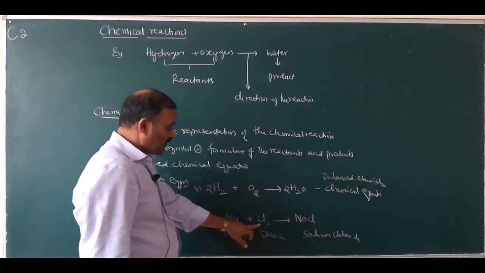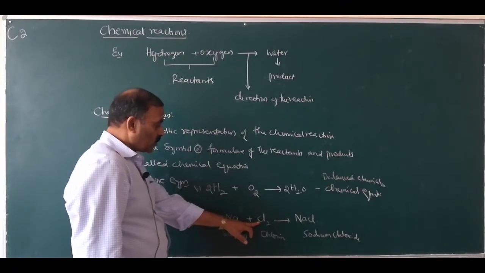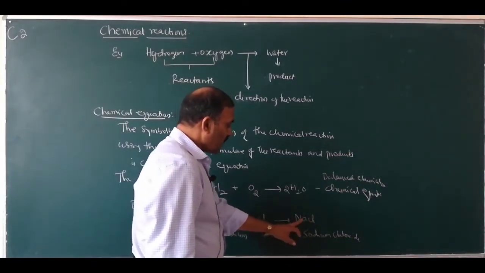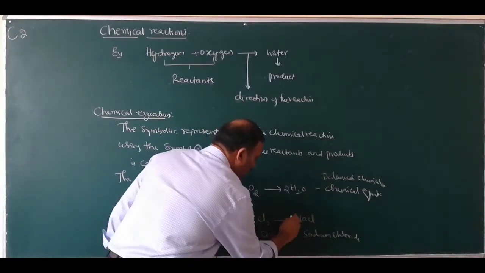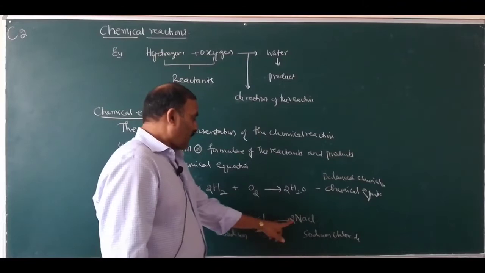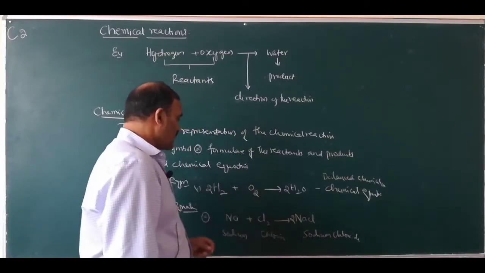How many atoms of chlorine are here? There are 2 atoms of chlorine, and here only 1 atom. So to make it 2, we multiply by 2. Now the atoms of chlorine are balanced.